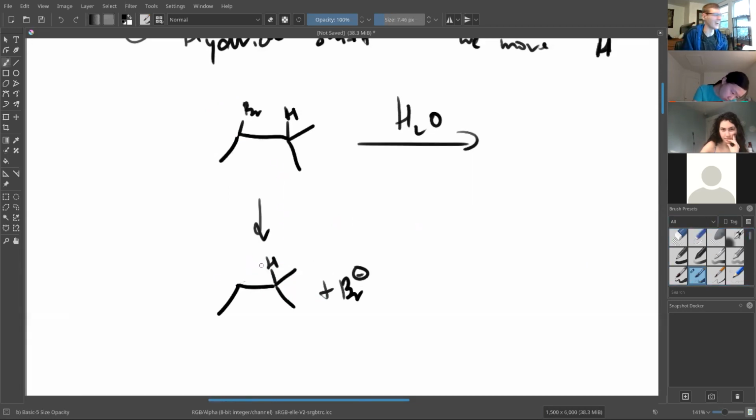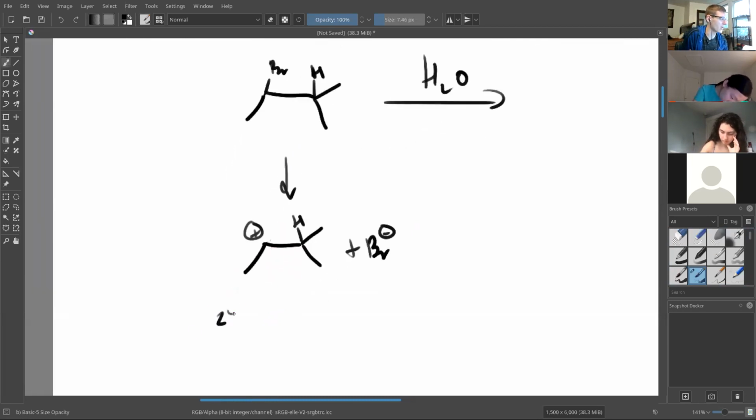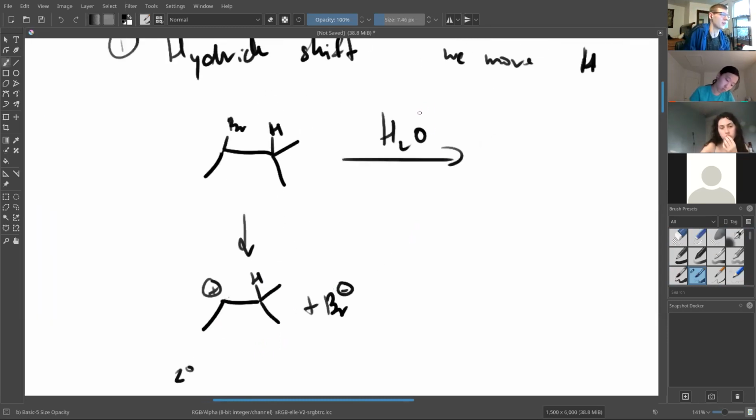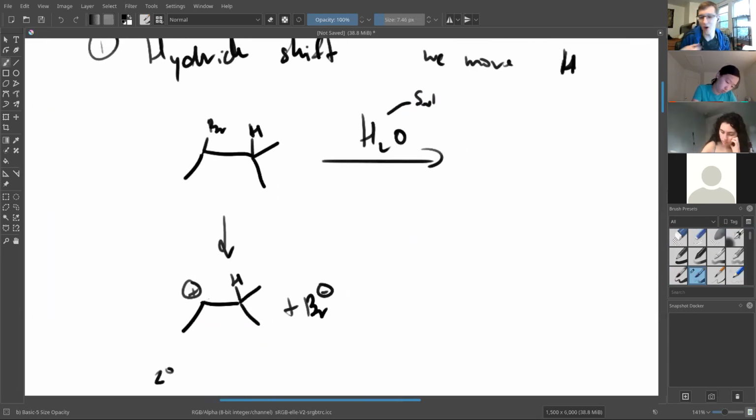But if we have this and then we pull off that bromine, we'll get this carbocation. This is a secondary carbocation, right? That's not really that good. This is SN1 because water, H2O, is not really a good nucleophile, okay?